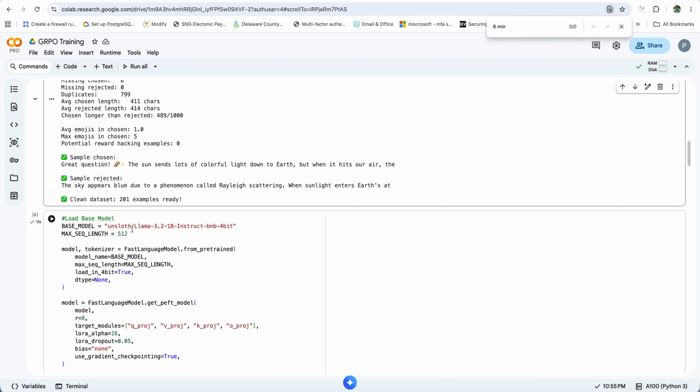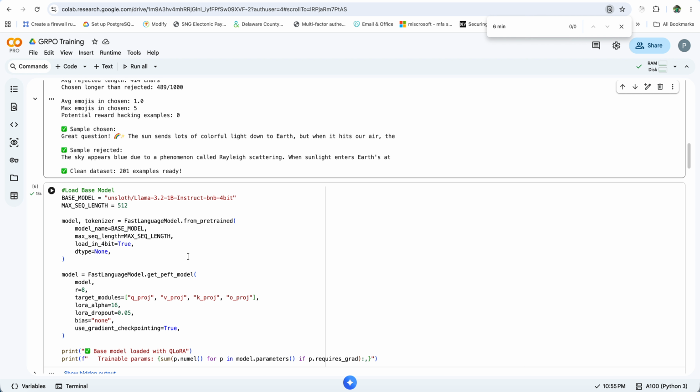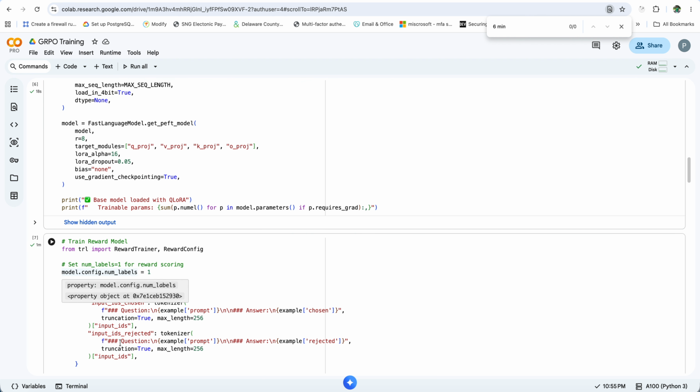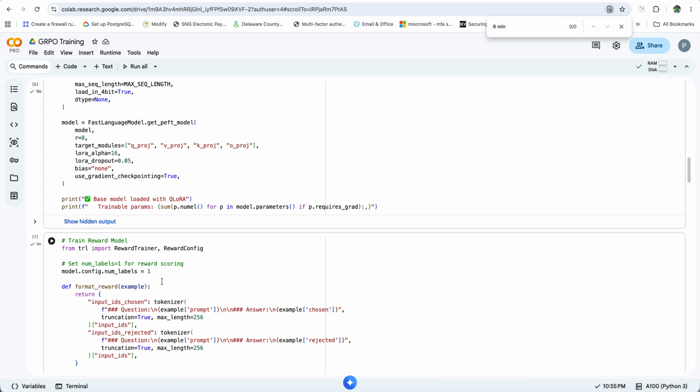Now the next thing is loading the base model. Here, if you see, we are using Llama 3.2 1B Instruct BNB 4-bit. What is BNB? It's bitsandbytes, and 4-bit basically means it's a quantized version. That's what it is meant for. Here we are loading that base model. The next step is to train the reward model.